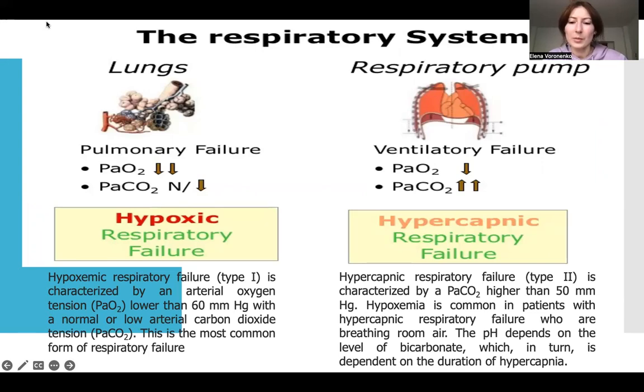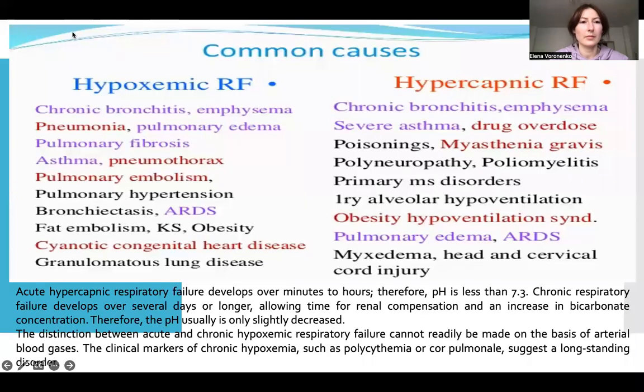The pH depends on the level of bicarbonate, which in turn is dependent on the duration of hypercapnia. Acute hypercapnic respiratory failure develops over minutes to hours, therefore pH is less than 7.3.